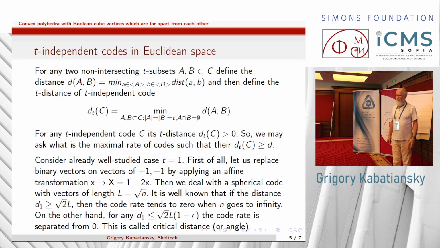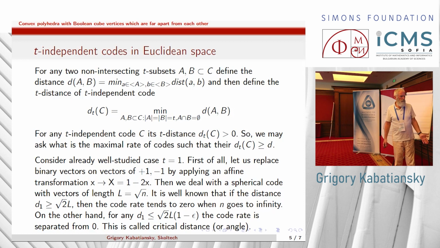Then the distance will increase 2 times, but it's more pleasant to have now a spherical code with special coordinates, only plus minus ones. The length is square root of n.